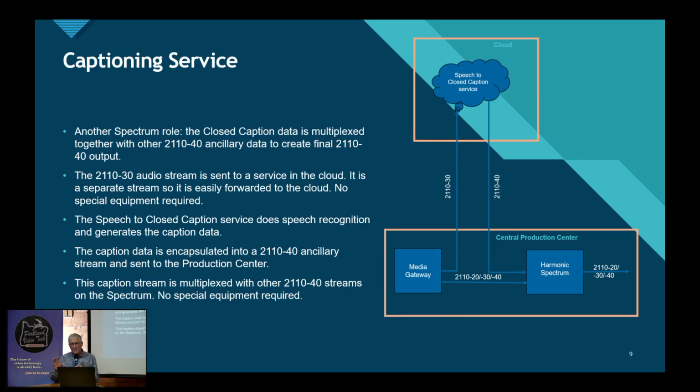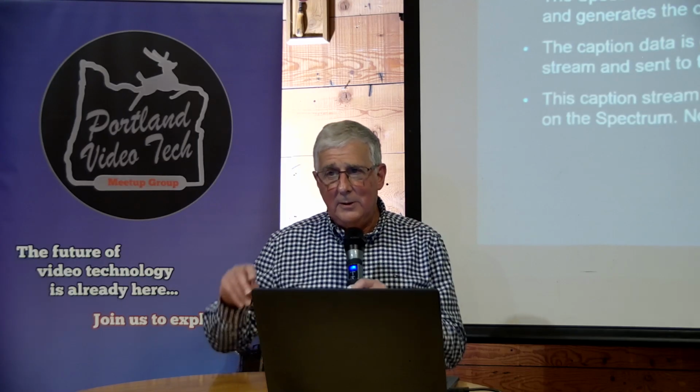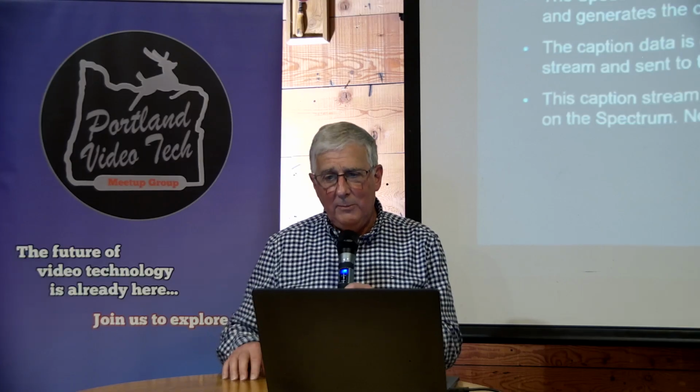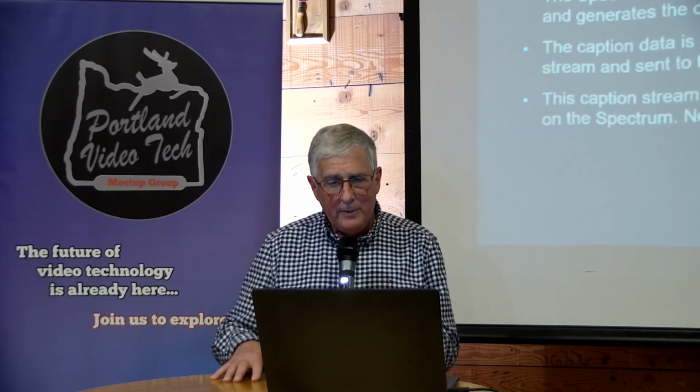The service is provided by yet another vendor. That service does speech recognition and then generates the caption data. This caption data gets encapsulated in a 2110-40 stream and then comes back down to the production center.